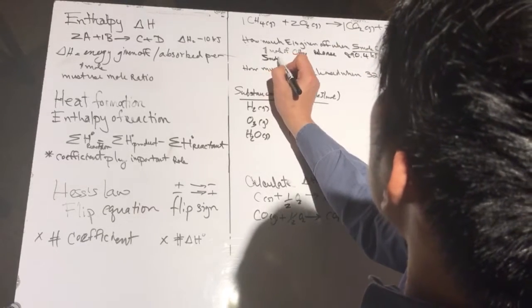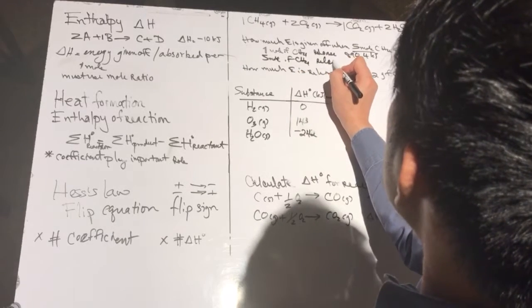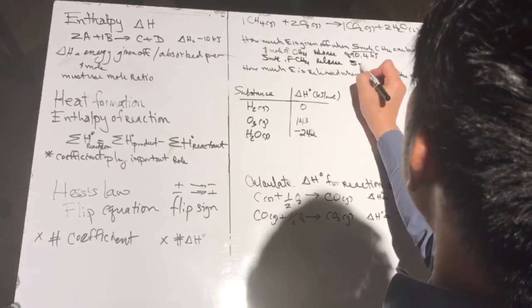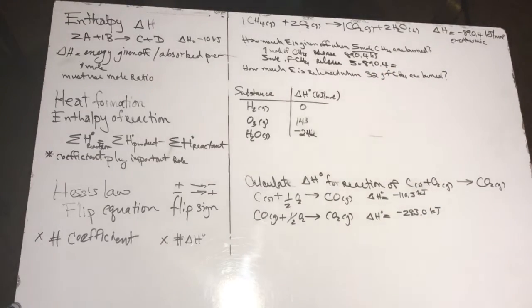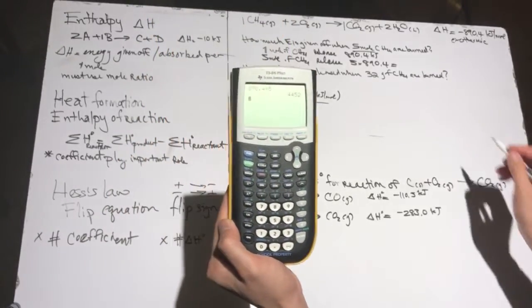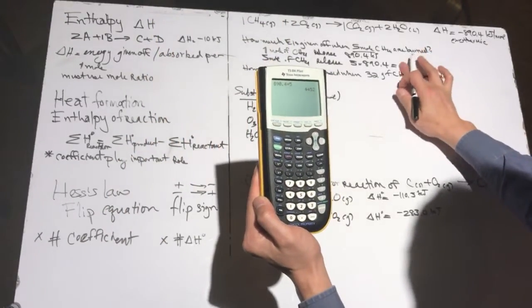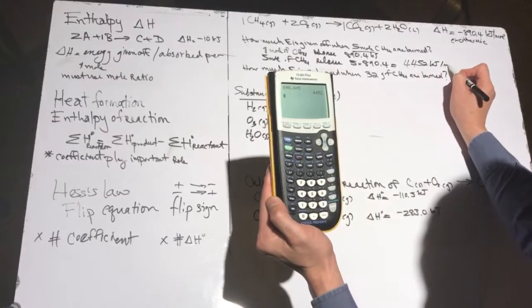So 5 moles of methane released is basically 5 times that. You're going to have to use a calculator. That would give you 4,452 kilojoules.